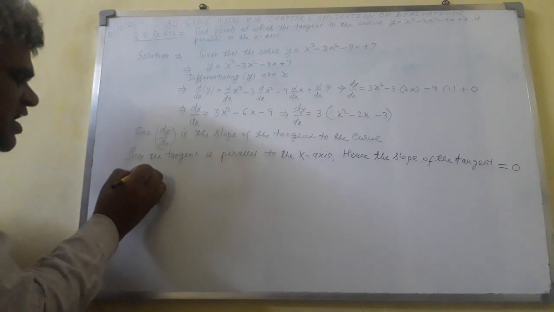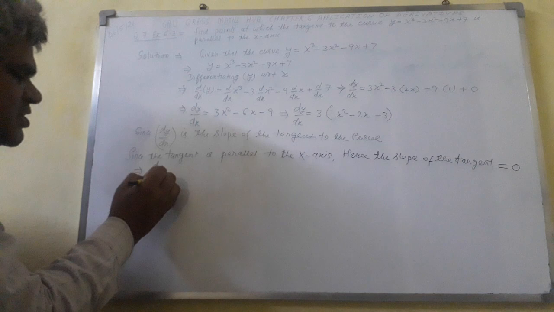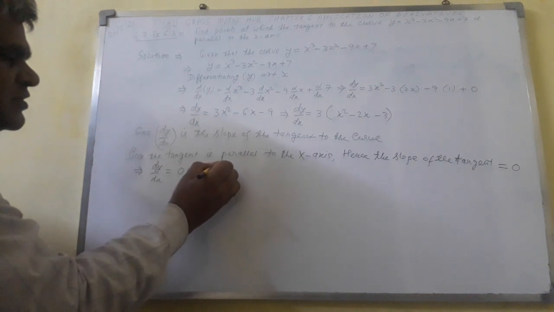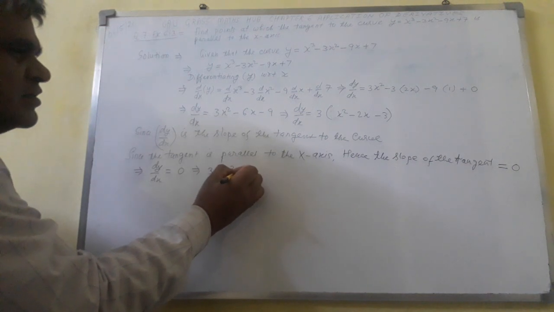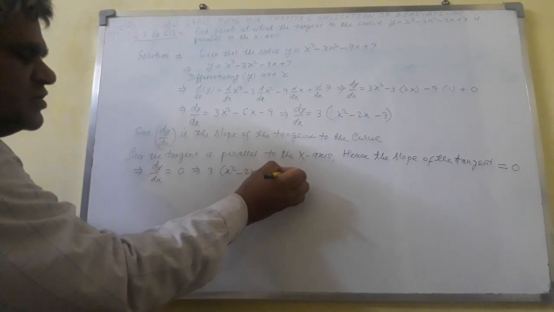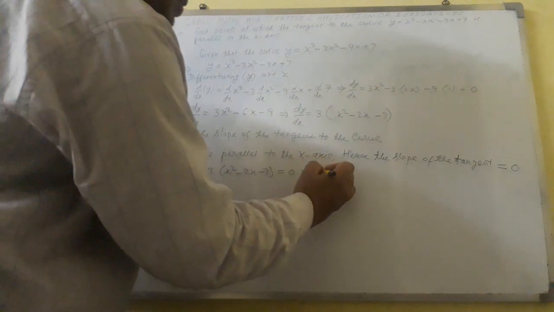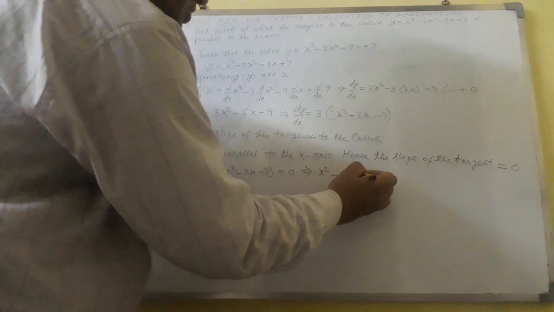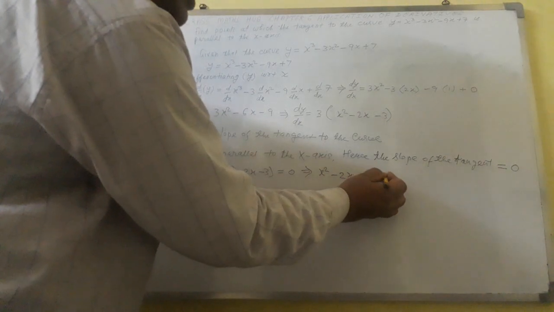So dy over dx equal to 0, implies that 3 times (x square minus 2x minus 3) comes out to be 0. Implies that x square minus 2x minus 3 equal to 0.